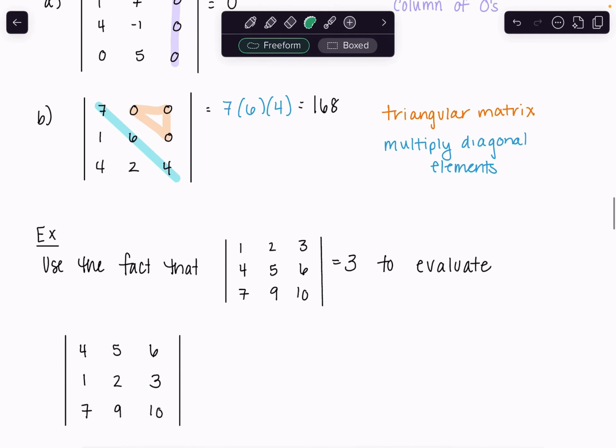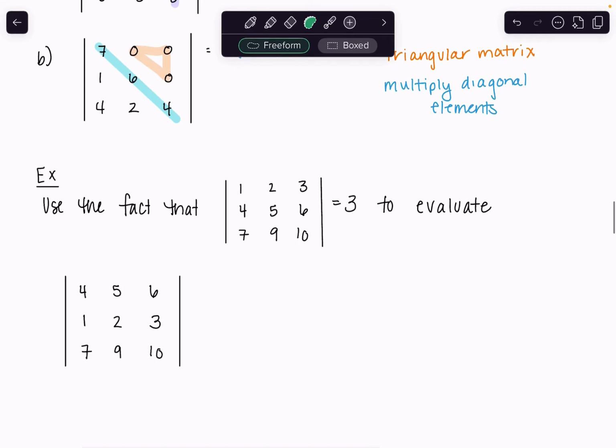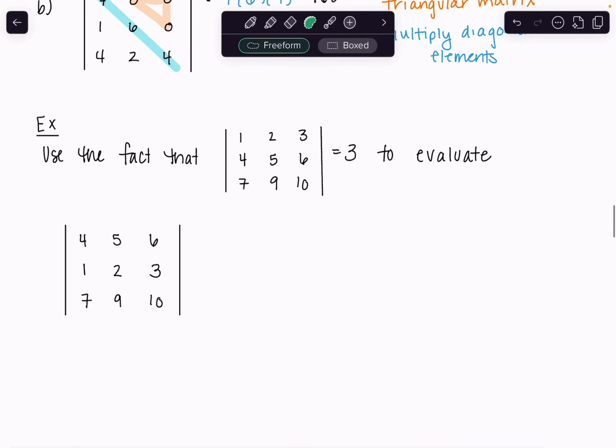Looking at this next one, we're going to use the fact that this determinant is equal to 3 to evaluate the following. If I look, this is my first row, which has now moved to my second, and my second has moved to my first. So here, 2 rows are switched.